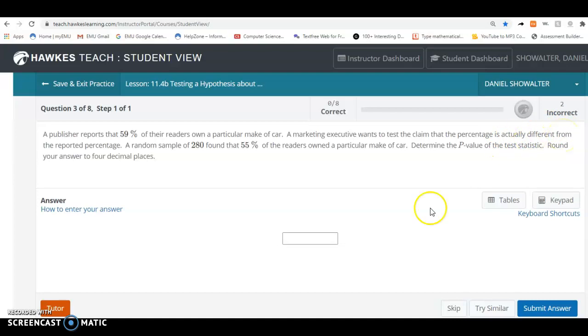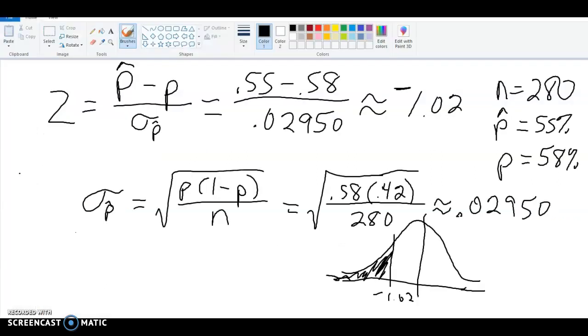It's a two-tailed test, which means, going back to our rather ugly picture here, we also want this tail right here, and that incidentally is above the z of 1.0. So in order to get our p-value, we need this portion over here and the portion to the right. Let's find what one of them is, and then we'll just double it.